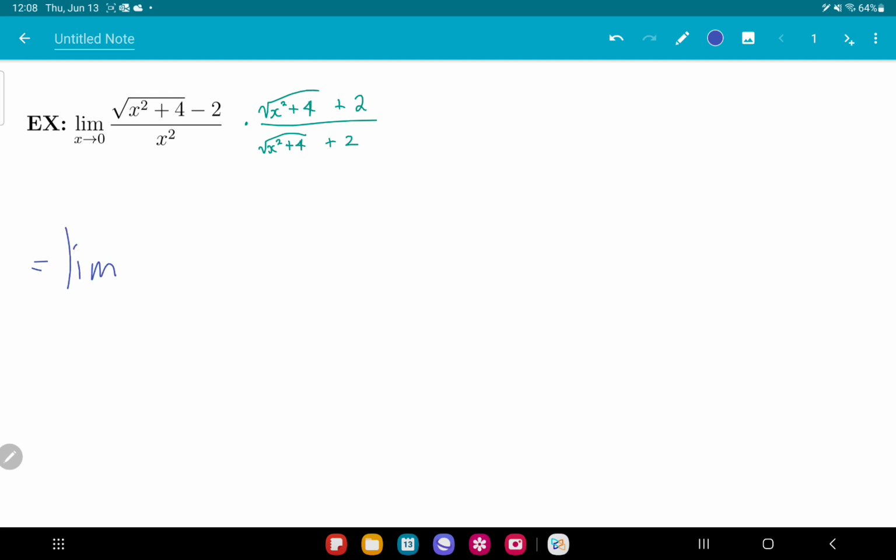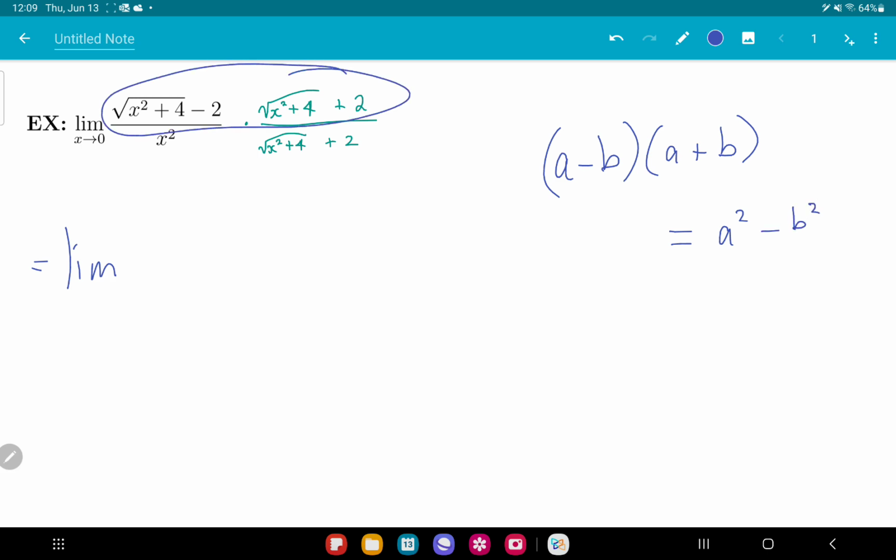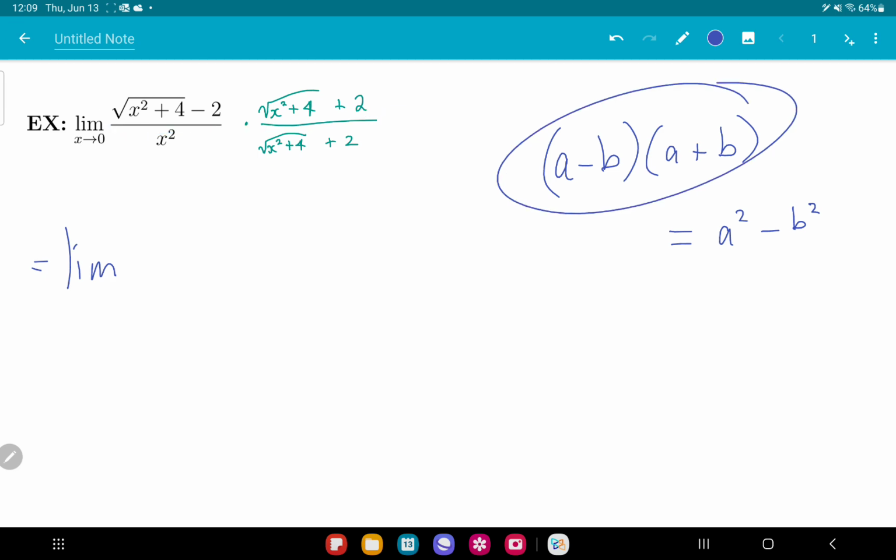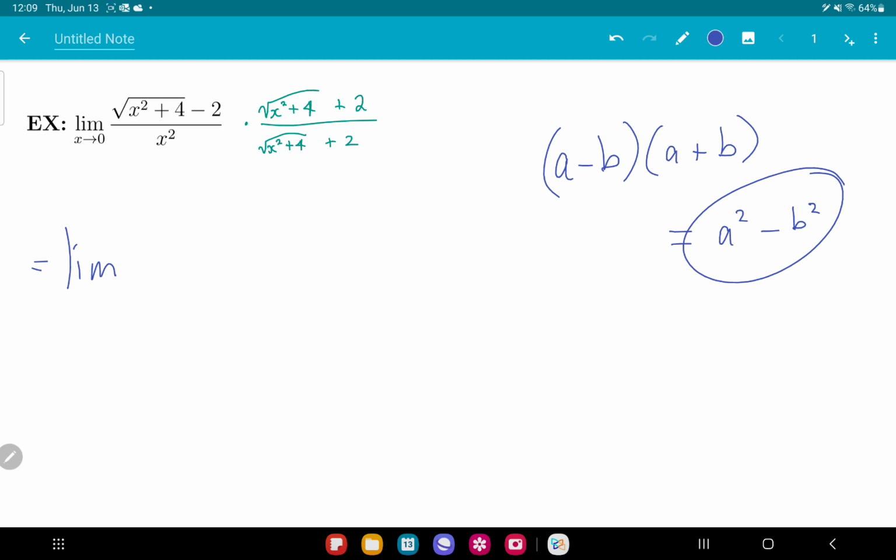Well, on top, you'll notice we have a minus b times a plus b. Hopefully that's familiar, but if not, don't worry about it. This is a difference of squares factorization. So my numerator is of the form a minus b times a plus b. When I multiply it out, I'm going to get a squared minus b squared.